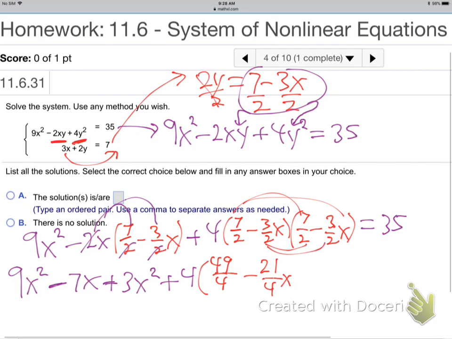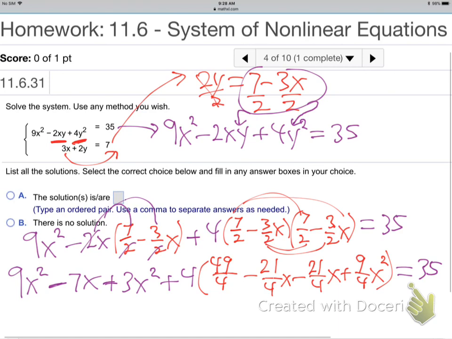Minus 21/4 x plus 9/4 x squared. All that equals 35.